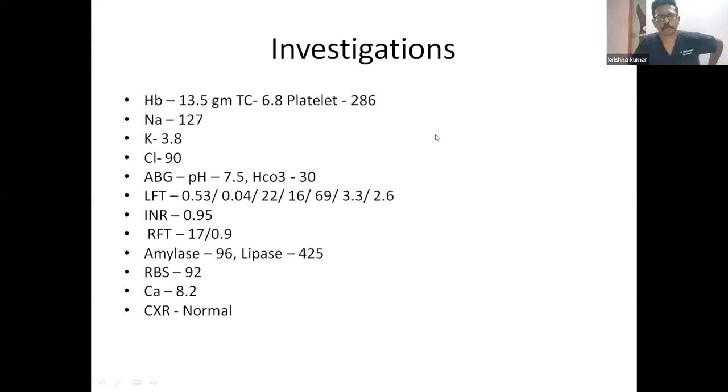Bilirubin is 0.5. AST is normal. Albumin is 3.3. INR is normal. Renal function tests are normal. Lipase is elevated, 425. Chest X-ray and calcium levels are normal. Sugars are normal.